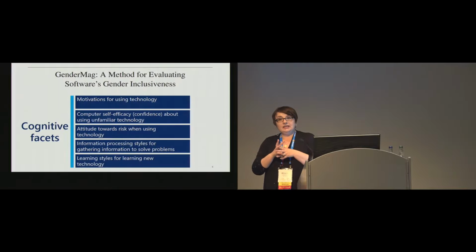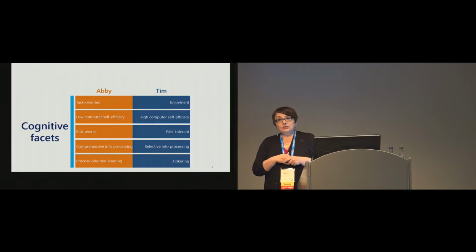GenderMag rests on these 5 cognitive facets, and the values on these 5 cognitive facets have been shown again and again to cluster around the 2 genders that we have data about.